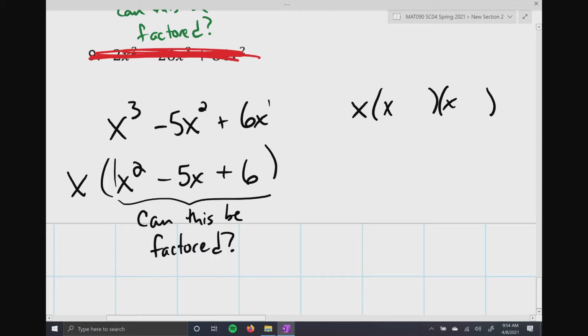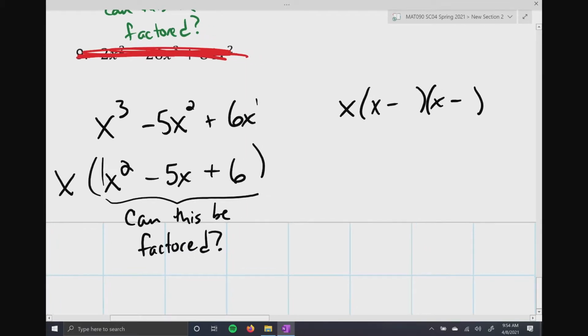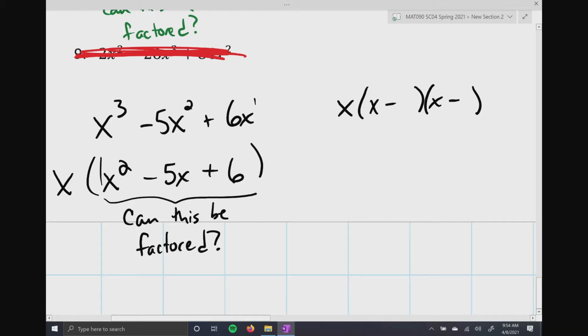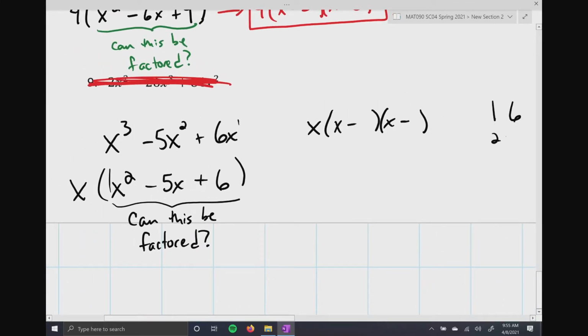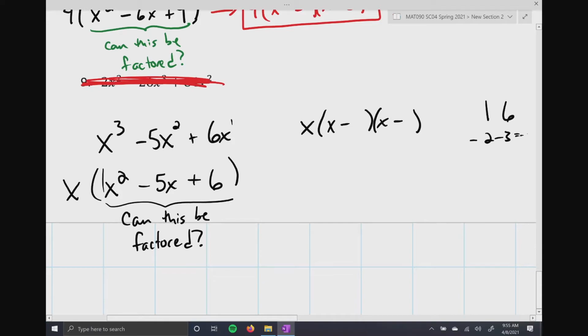Step 2 is my signs. They both have to be negative. Step 3, factors of 6 that combine to give me negative 5. That's going to be 1 and 6, 2 and 3, and they're both negative. Negative 2 minus 3 is negative 5. And there you go. Are there any questions?